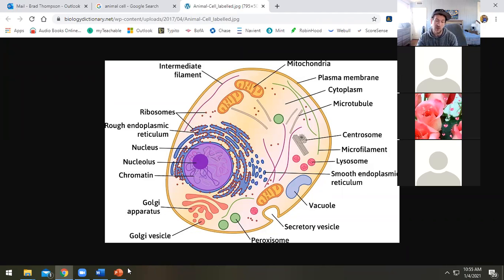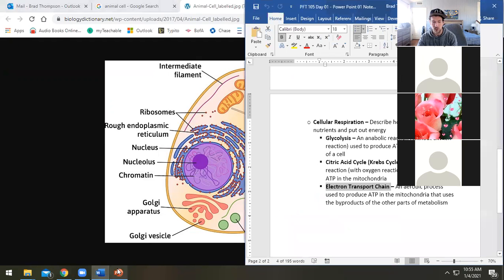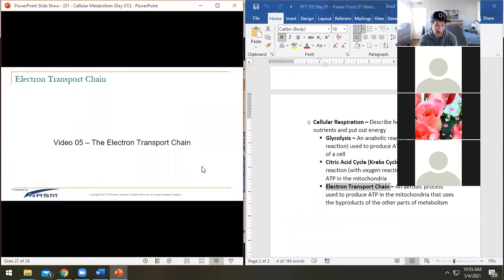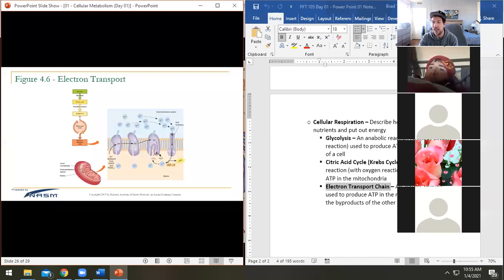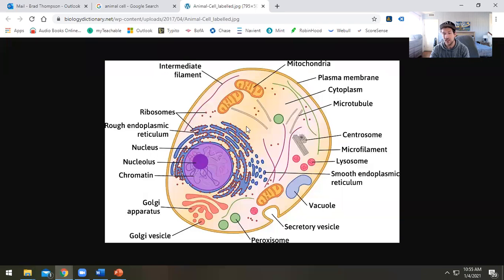But what I want you to know for today is the process of cellular respiration takes place in two different versions. There's the aerobic version and the anaerobic version. And glycolysis is anaerobic. It takes place here in the fluid, okay? It spits out a little bit of ATP, and its byproduct is lactic acid.